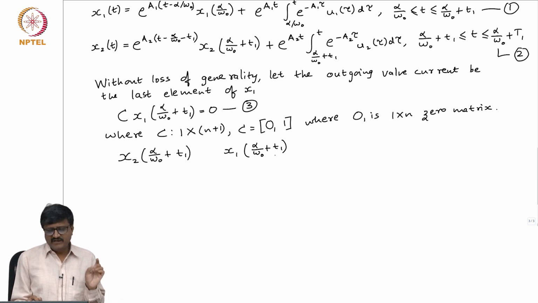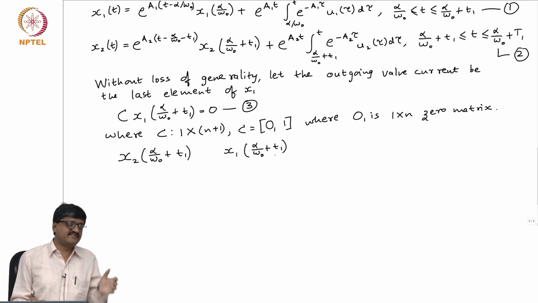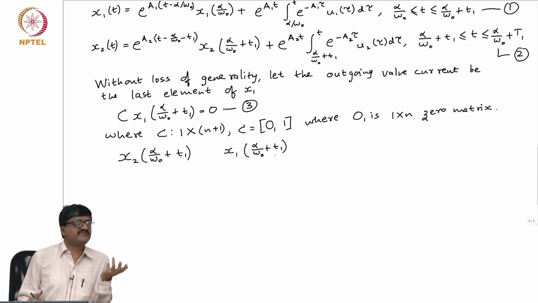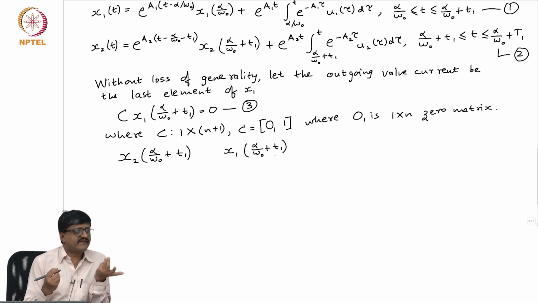What I am only saying is let one of the state variables in x1 be the outgoing valve current. That is the only restriction. I am not putting any restriction right now on the other state variables. So, we will try to find answers for what can be possible x1, x2, a1, a2, u1, u2.